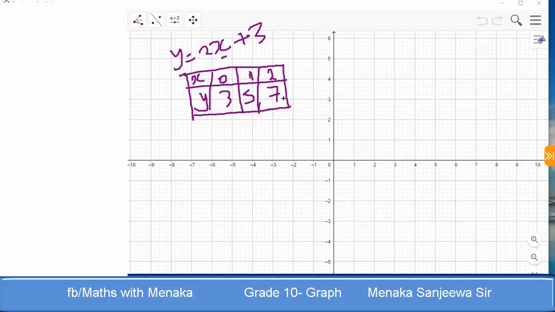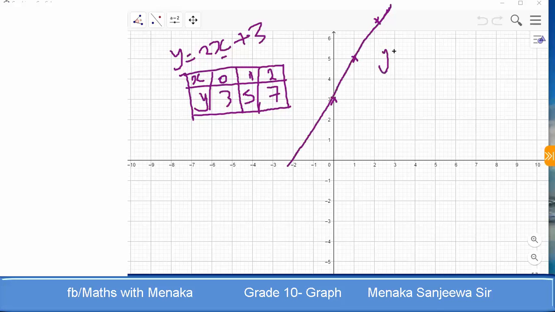Now you can mark the points. What's the first point? 0, 3 here. 1, 5. 2, 7 is somewhere here. Then you can join these points with a ruler.